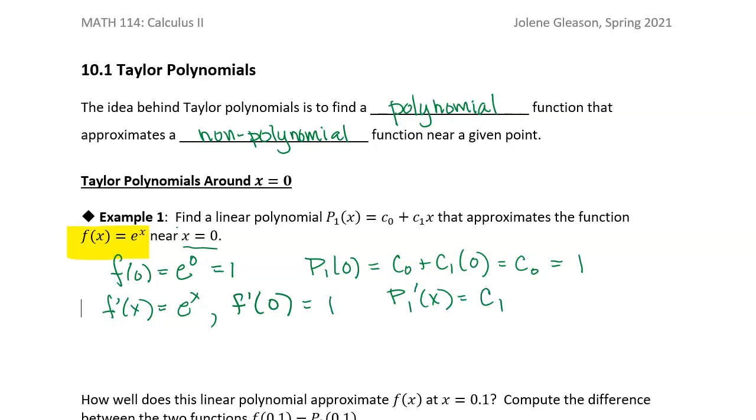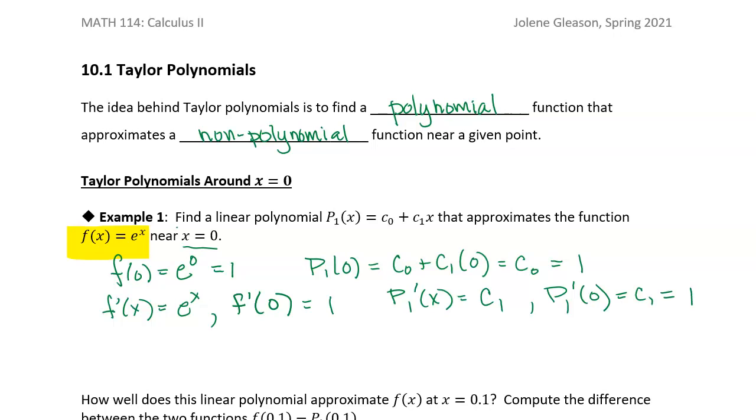And we want the derivatives to match at x equals 0. So that means that p1 prime of 0 is equal to c1, which has to match the value that we got for the derivative at 0 for e to the x. So we want that also to be 1.